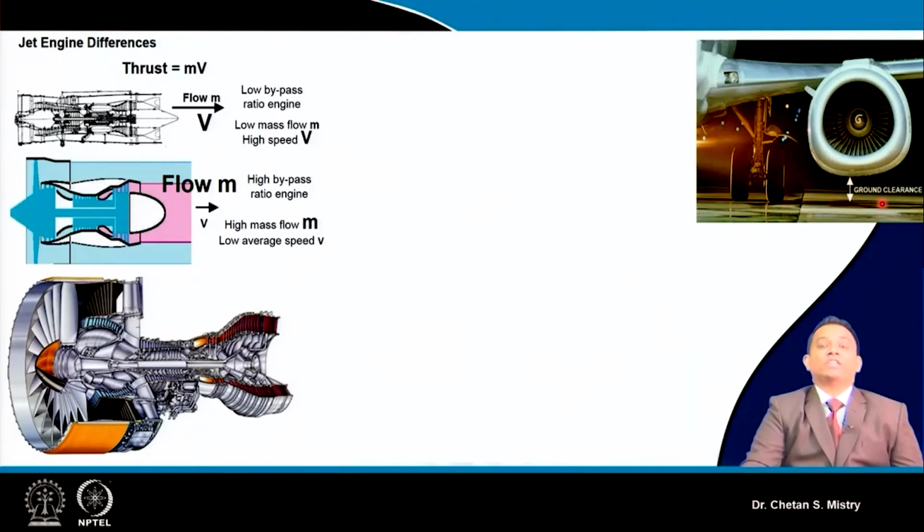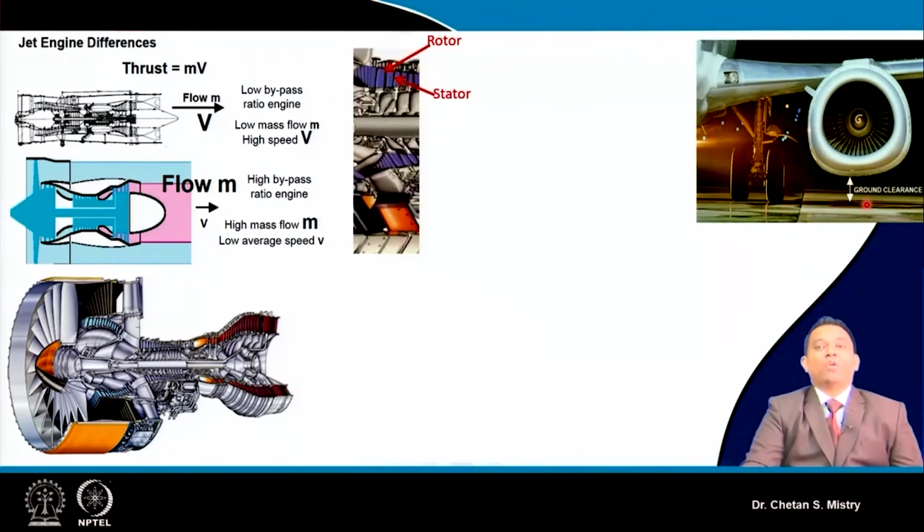So there may be chances that during take-off or landing, the engine will touch the ground, and that will cause failure of the engine as well as the aircraft. That's the constraint: you cannot increase the diameter of the engine beyond a certain range.